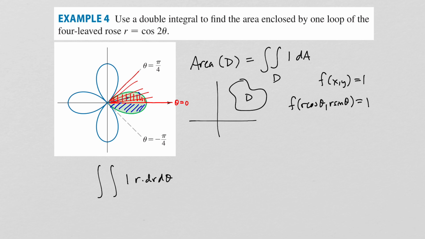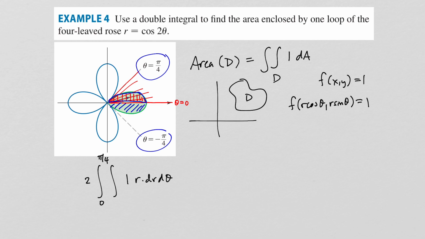So we could just find this area and double it. Or if you want, you could simply go from negative pi over 4 to positive pi over 4. But I like doubling. I like using symmetry whenever we can. So I'm going to integrate from 0 to pi over 4, multiply it by 2.